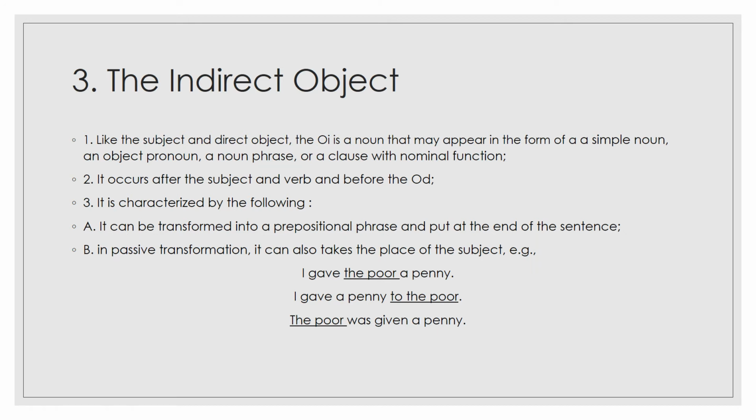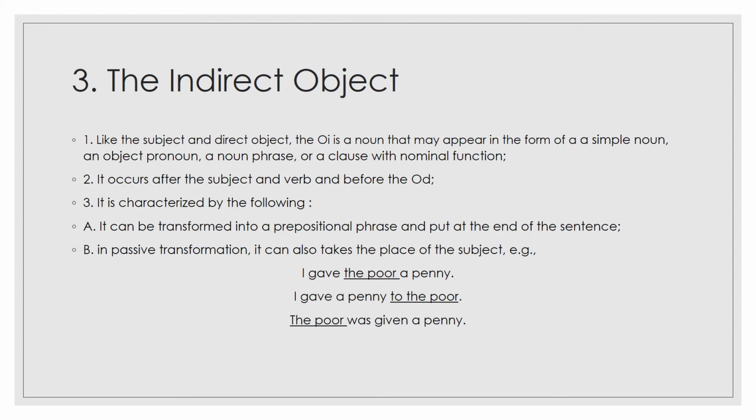So, for example, I gave the poor a penny. The indirect object here is the poor. It comes in the form of a noun phrase. It appears in the sentence after the subject I and the verb gave and before the direct object a penny.